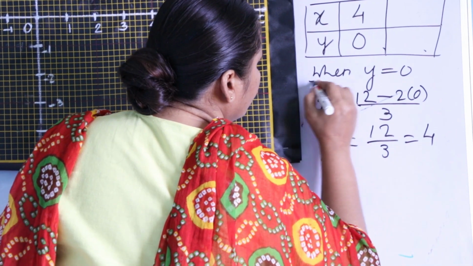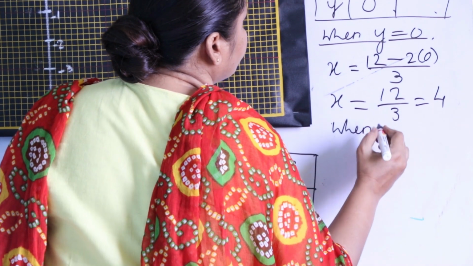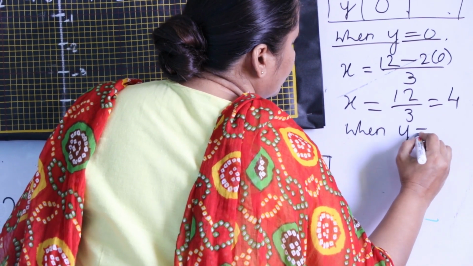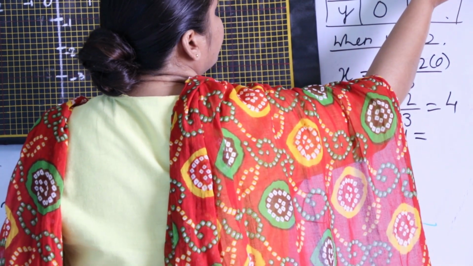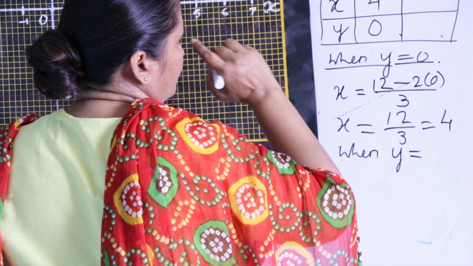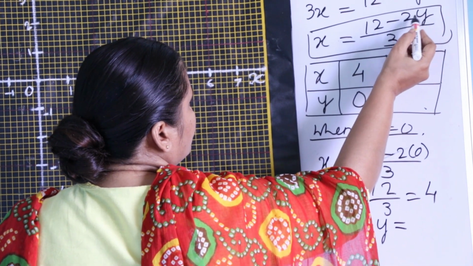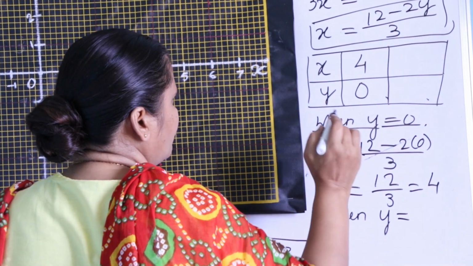Next, you have to assume another value. When y is equal to, what other value? Now if you take y is equal to 6, right? When you take y is equal to 6, what happens? 2 6s are 12. 12 minus 12 will become 0. So your x will become 0.